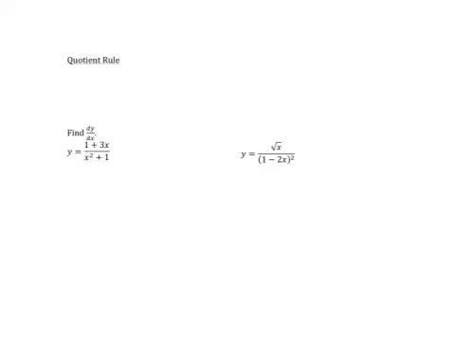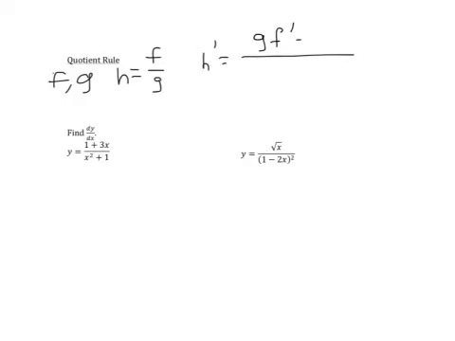Now we are going to be talking about a quotient rule, which is somewhat similar to a product rule. So we're given a function f and g. And if you have h, that's f divided by g. So a function divided by a function. Then derivative of h is equal to g times derivative of f minus f times derivative of g all over g squared.